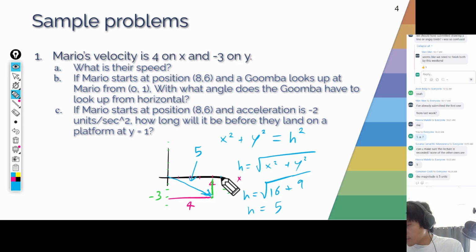He has a velocity that is these two pieces combined in x and y, and the magnitude of that vector is 5. The length of that vector without caring about direction is 5. Velocity is a vector. It has direction and a magnitude. Speed, we're just looking for the magnitude. So the answer is 5.